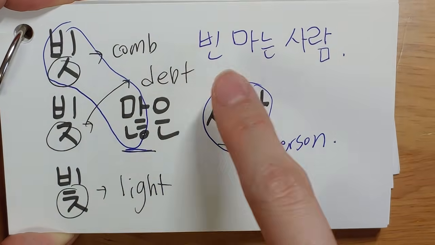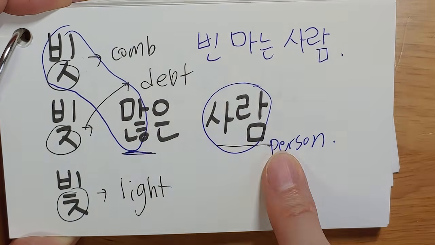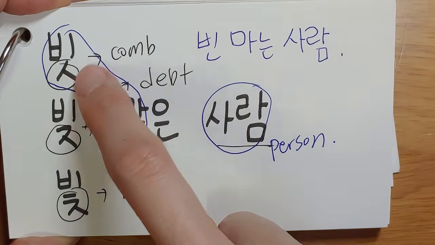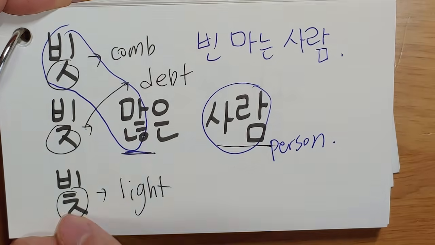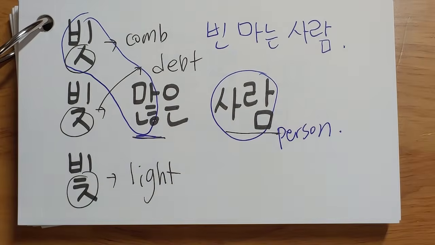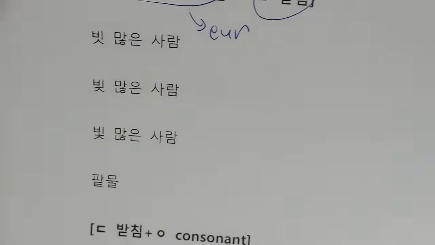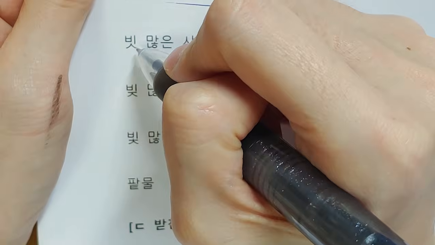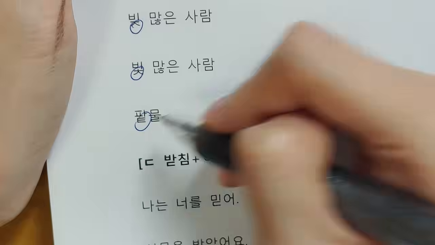So they're all pronounced 빈 많은 사람. And the first one would mean a person that has a lot of combs. Second one, a person that has a lot of debt. And the third one, a person that has a lot of light. So they have different meanings, although they're pronounced the same. And we're going to learn more examples when we're actually doing the 시읒 받침 or 피읒 받침 and 치읒 받침 and 티귿 받침.